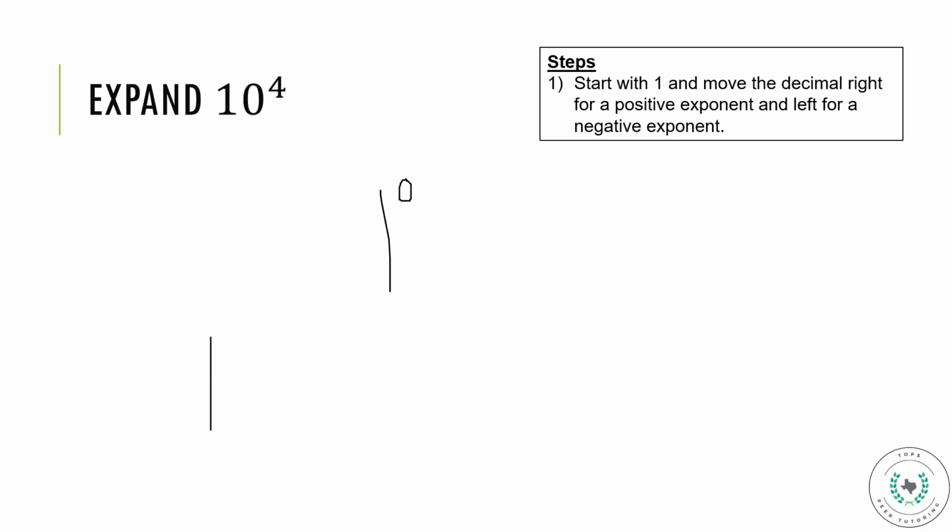Remember, every time you move it 1 space to the right, move your decimal 1 space to the right. So you can just put your decimal by this 1, and then you can count sort of like a little hoops that we're going to make together. So if you just count it, 1, 2, 3, 4. That'll give you your new decimal spot right here.